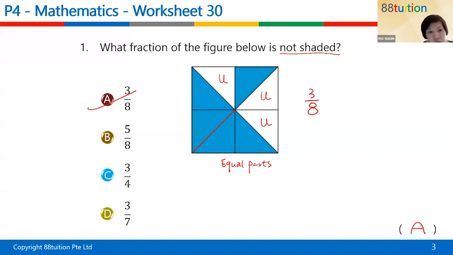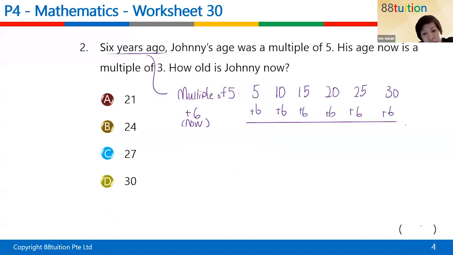Mostly many of them can get this correct. This is the one that I will need to explain a little. Let's take a look at 6 years ago. Johnny's age is a multiple of 5.